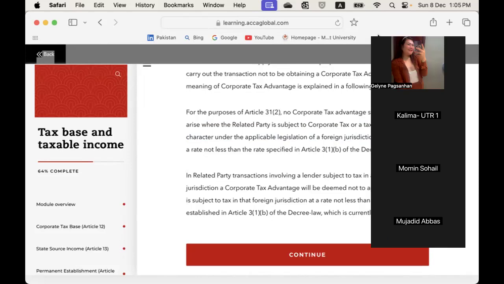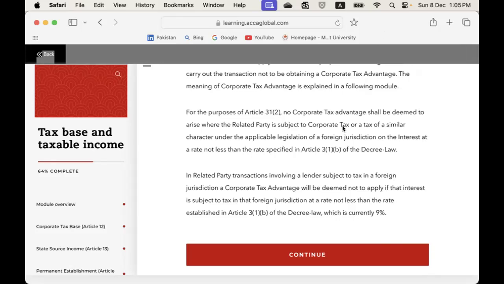Okay, since you guys are not speaking, I'll allow the two practitioners, Haya and Abbas, to comment on that. How can a corporate tax advantage be constructed when it can be created unfairly between two related parties through borrowing and lending?